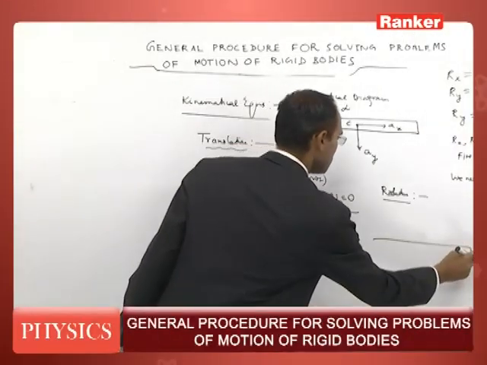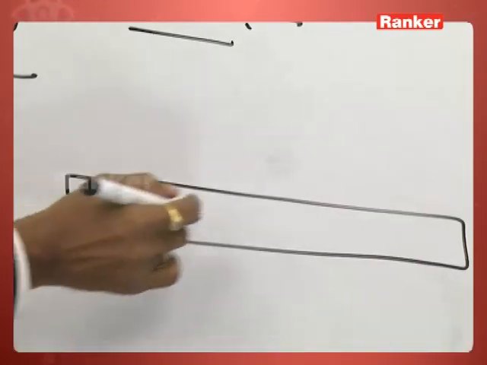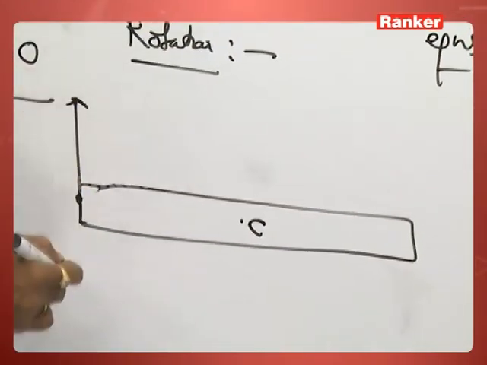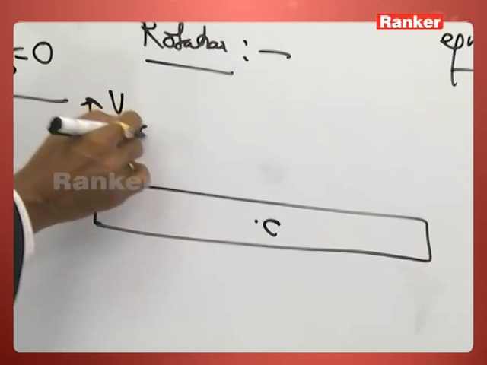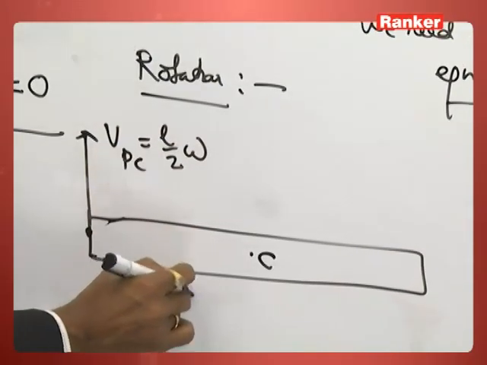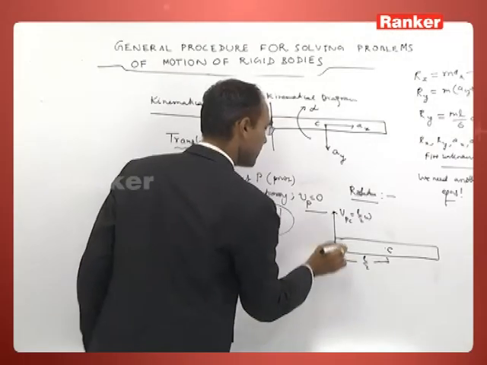In this diagram, we can show that with respect to center of mass, the point P moves in this direction, as VPC. That's equal to L by 2 into omega, as we discussed in kinematics of rigid body.